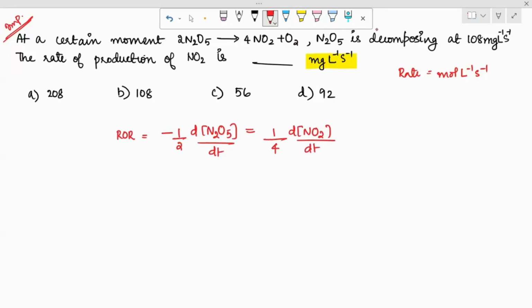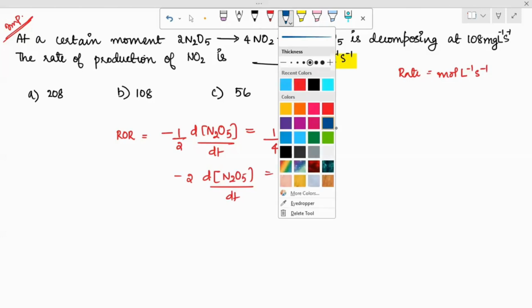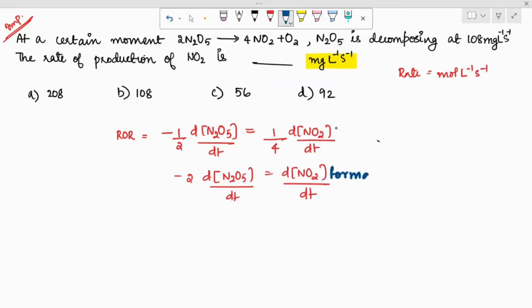Now, if I rearrange, what I can say is, I'll take 4 to the side, 4 by 2 is 2, minus 2 dN2O5 by dt is equal to dNO2 by dt, which means my formation of NO2 is equal to 2 times the disappearance of N2O5, and that is what we have to find numerically.